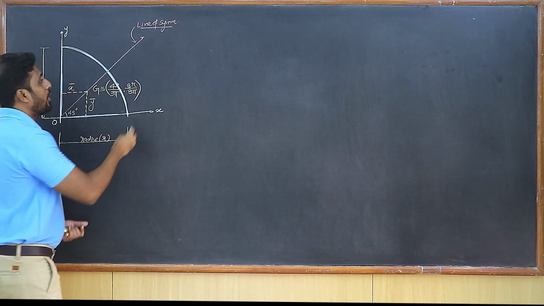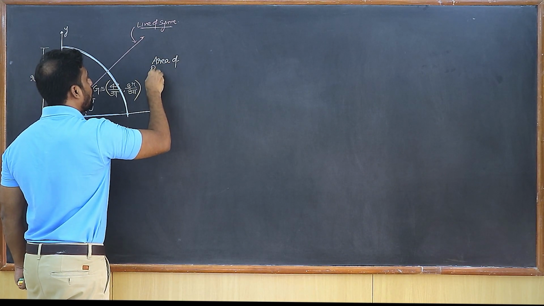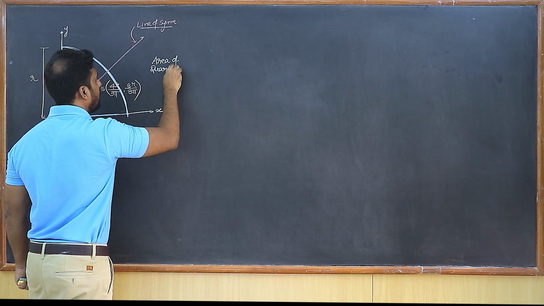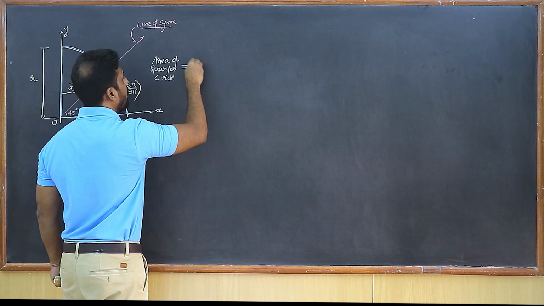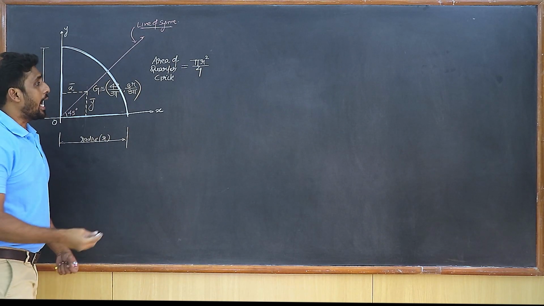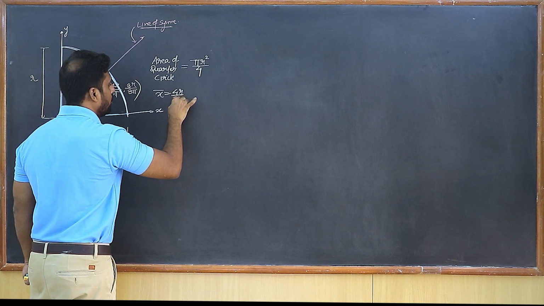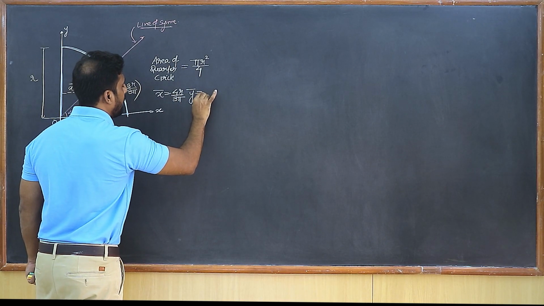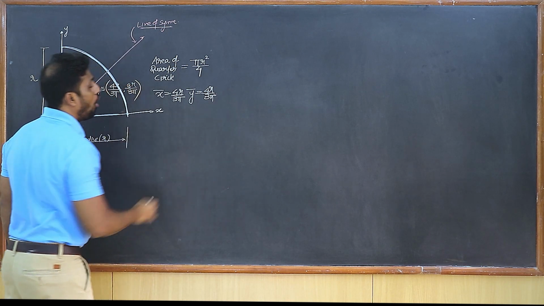So here, if I now ask you the area of a quarter circle, you will say that the area is going to be pi r square upon 4, isn't it? And x bar is going to be 4r upon 3 pi and y bar is also going to be 4r upon 3 pi.